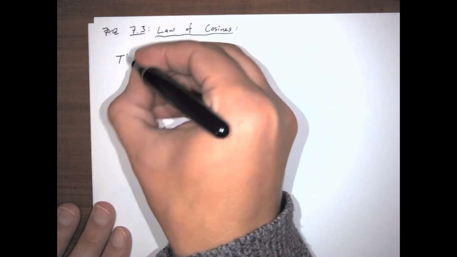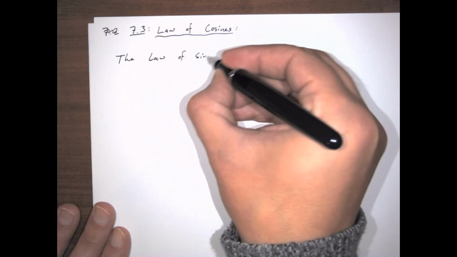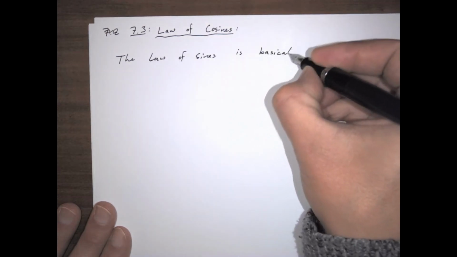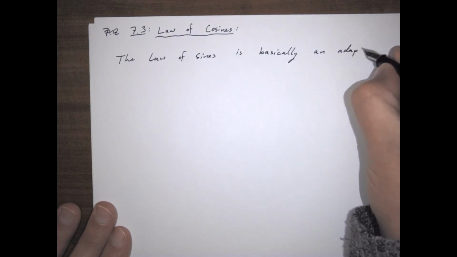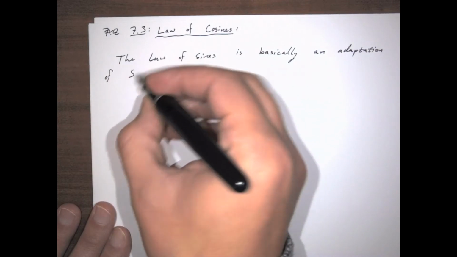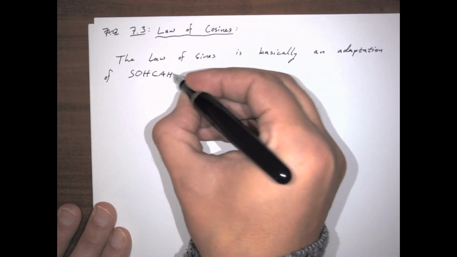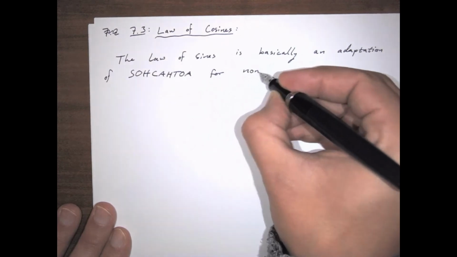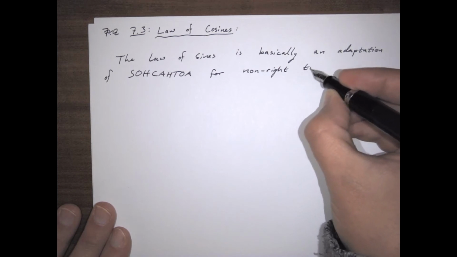So, the law of sines is basically an adaptation of SOHCAHTOA for non-right triangles.